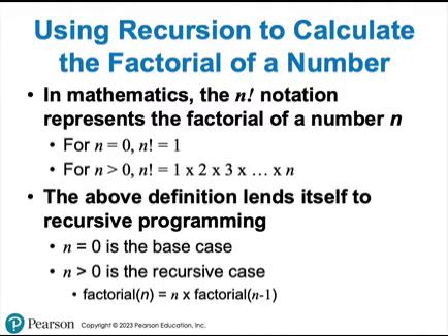So you can just repeatedly call the function over and over, subtracting 1 each time and passing that in as the argument until you get to the base case, which is n equals 0. And then it recurses back and multiplies the answer by the value that was passed in as the argument, gets a new answer, passes that back to the previous call, which is that answer times whatever value was passed into that call of the function.